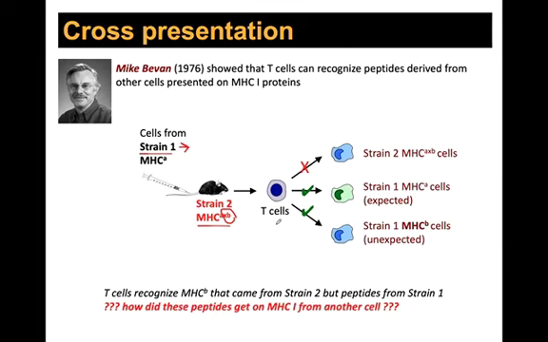And this, then he said, how do you get a response to these foreign peptides on self-MHC? There has to be a mechanism for taking up antigens, feeding them into the cytoplasm, and then loading those onto self-MHC.